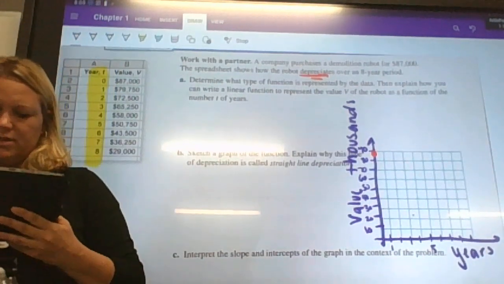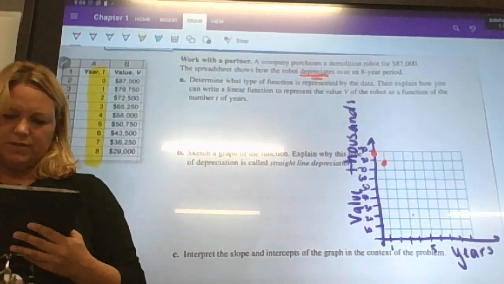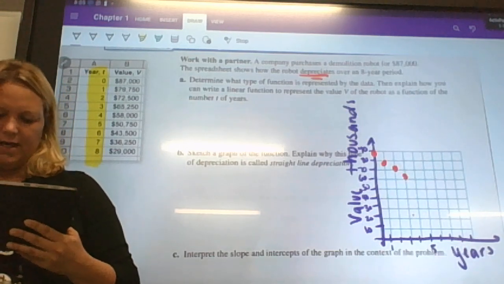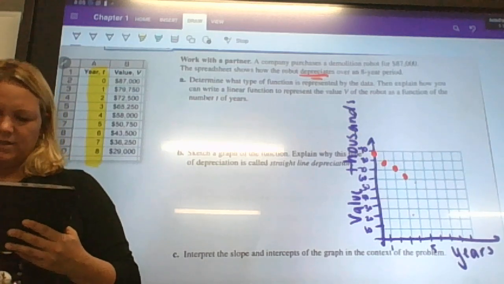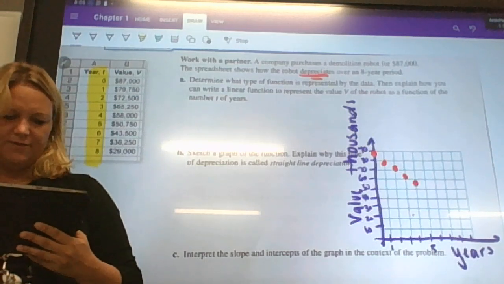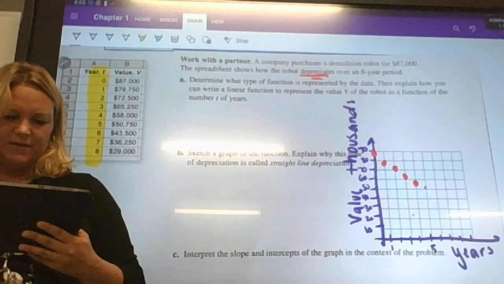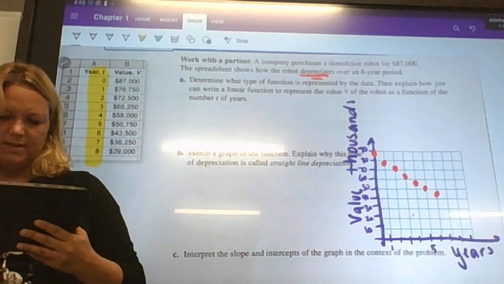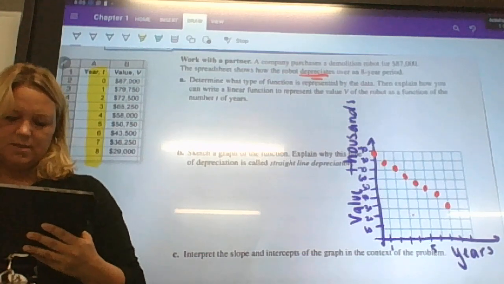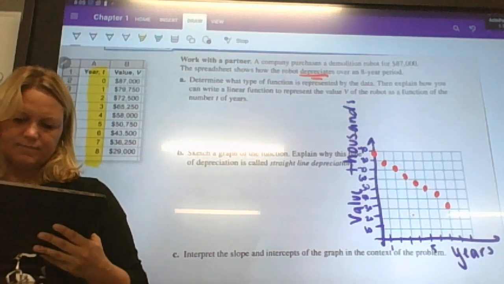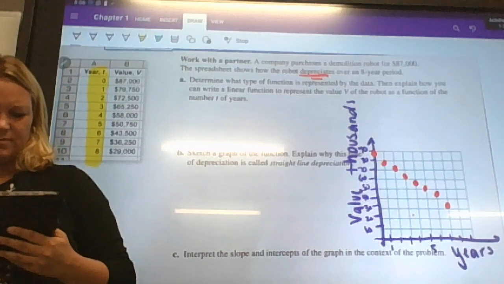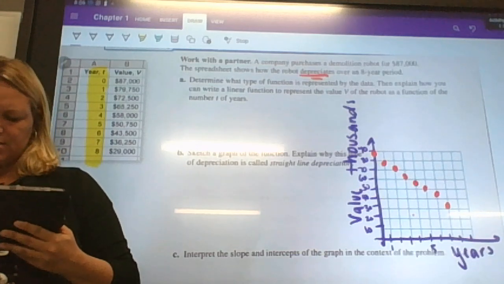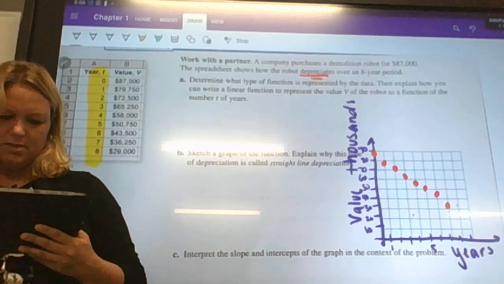We got 1 just around 80,000. We got 2 at 72. We got 3 at 65. We got 4 at 58. We got 5 at 50. We got 6 at 43. We got 7 at 36. We got 8... what? Did I mess up? I feel like I messed up.